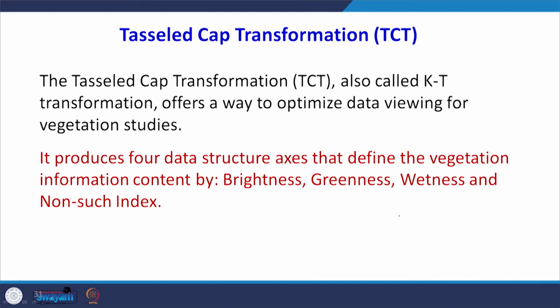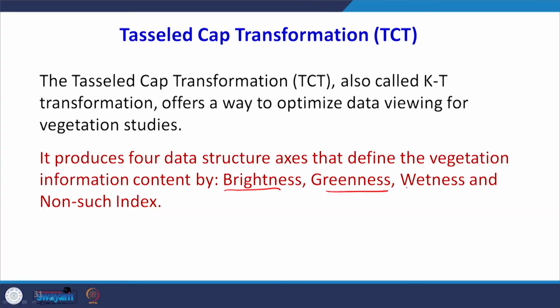Now the second transformation, in a similar way, is the Tasseled Cap Transformation, where we are doing that transformation and getting some new output, which we will call brightness, greenness, wetness and known such index. So instead of PC1, PC2, PC3, PC4, we are getting brightness, greenness, wetness and known such index.